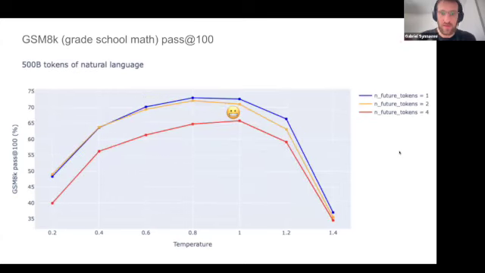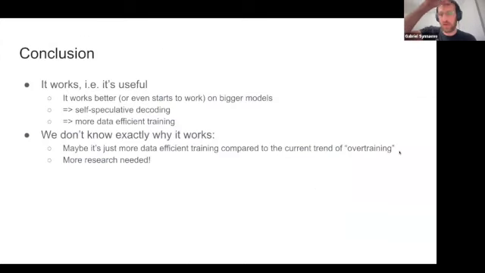Yes, so this is what it says: if you scale the training, the classic autoregressive training scheme actually works well. So in conclusion, it works. What it means is it's useful if you want to do self-speculative decoding, to get tokens faster. It's useful if you want to do more data efficient training.